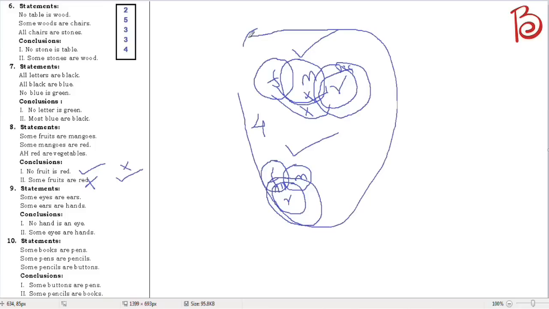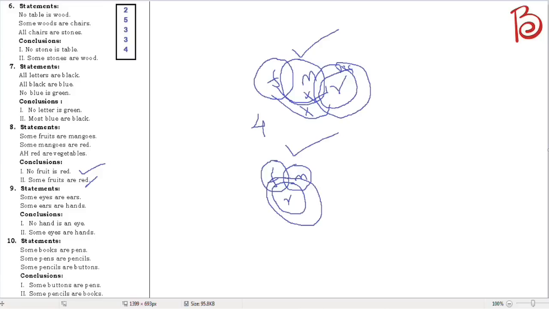Either the first one is correct or the second one is correct. So the option will be the third option. Let's go for the next sum.